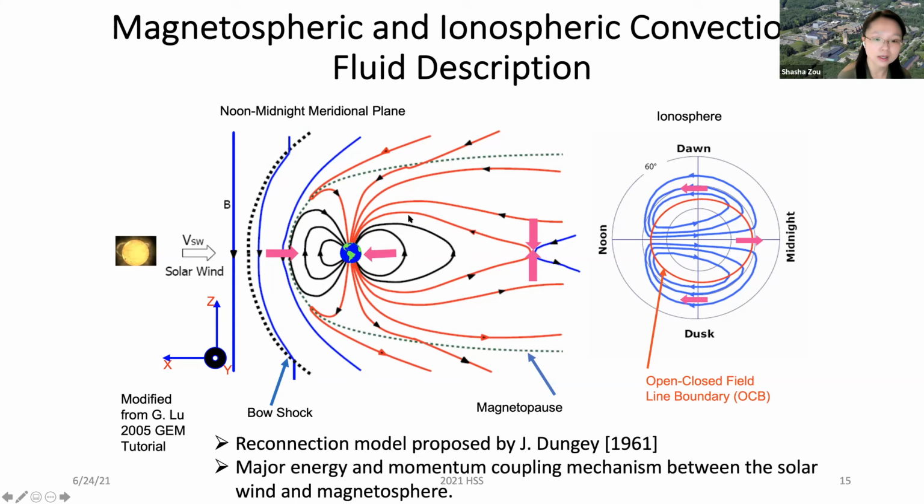The complete circulation is facilitated by day-side and night-side reconnection. The same process drives the ionosphere convection, and this is what we call the two-cell convection pattern. If any of you do research on the high latitude ionosphere and thermosphere, this will be one of the most important plasma circulations that you will learn. Okay.